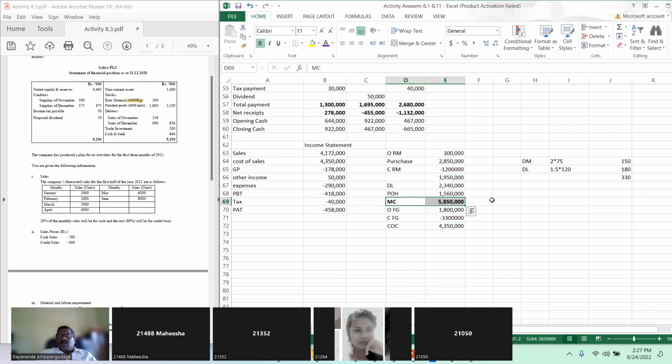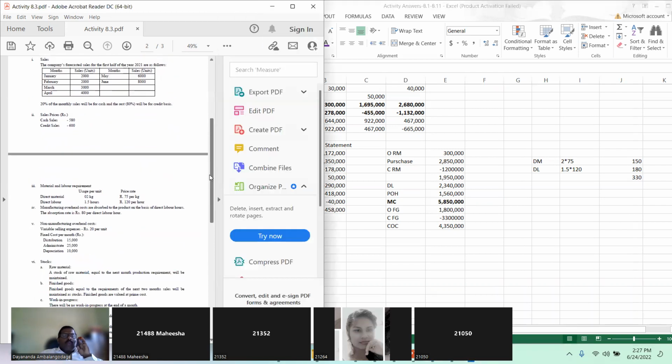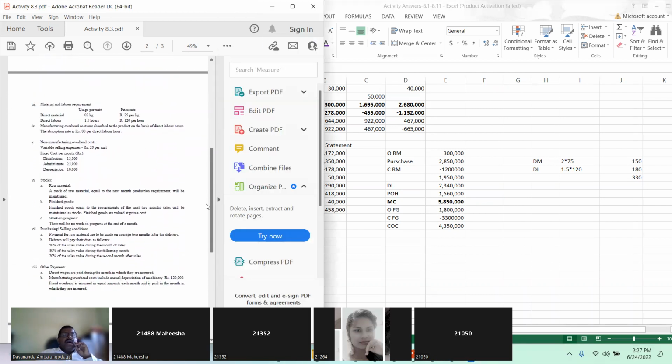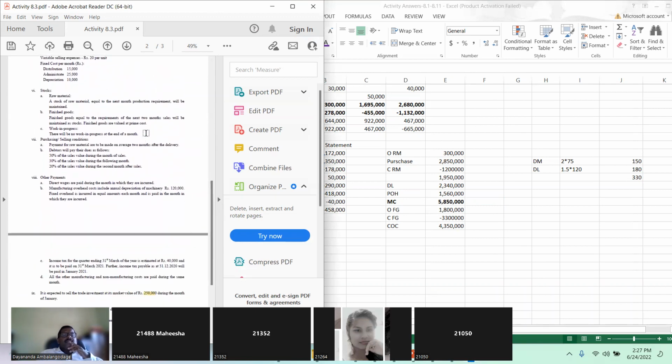This is the manufacturing cost, but you can calculate the manufacturing cost per unit by dividing this by number of units you produce. That is okay. But as per the question, finished good stock valuation is given as, right, yes. If you look at this part, finished goods valued at prime cost.